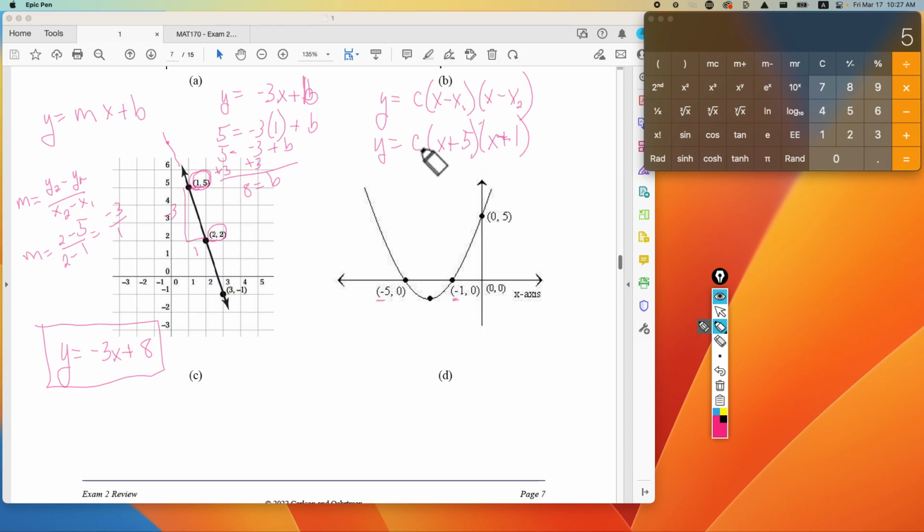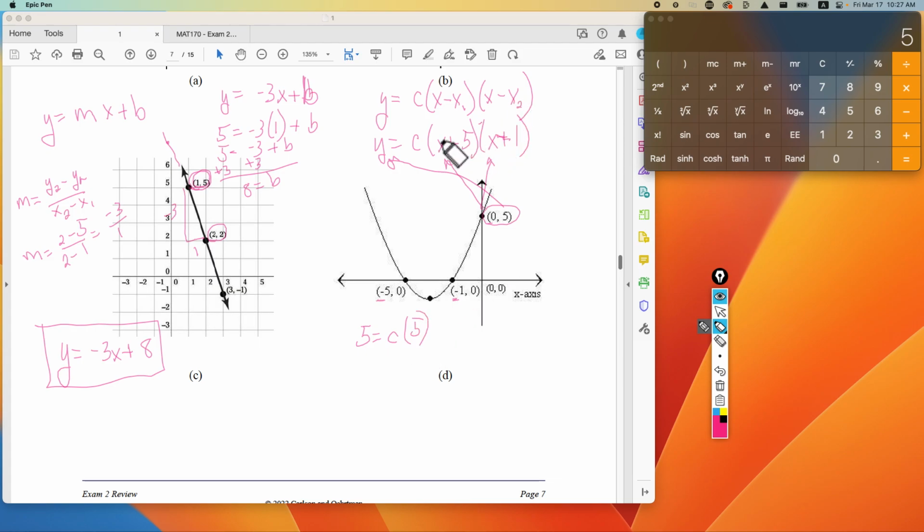Right? And so now to find c, we need a third point, and the nice one is to have the y-intercept, because when we plug in 0 for x, y is going to be equal to 5. So we'll work through that. 5 equals c times, x is 0, so 0 plus 5 is 5.